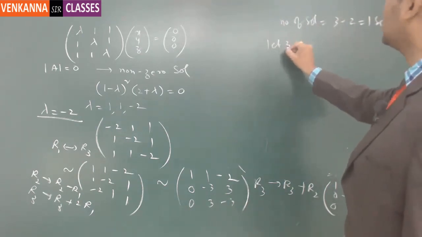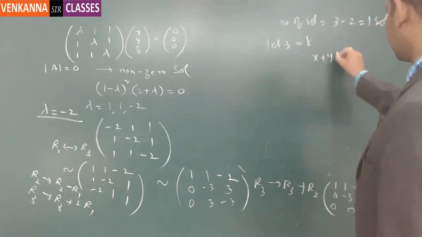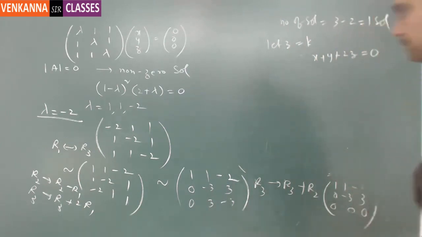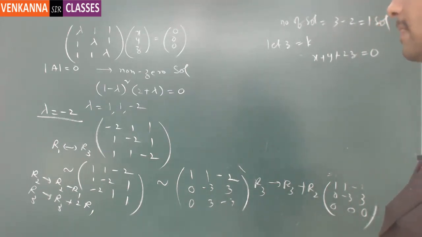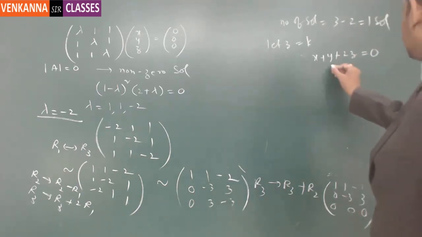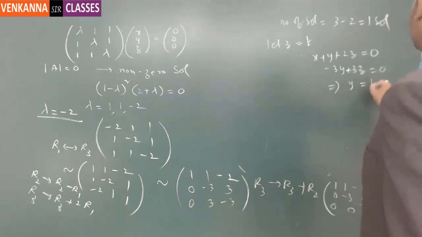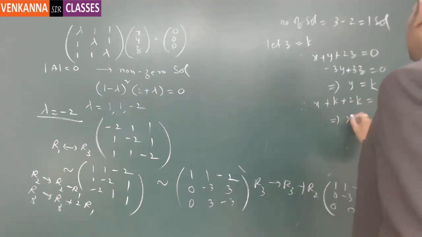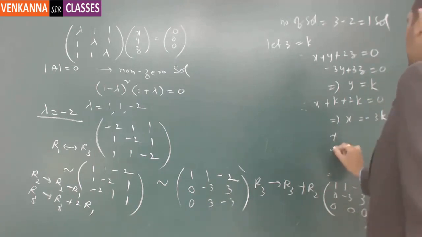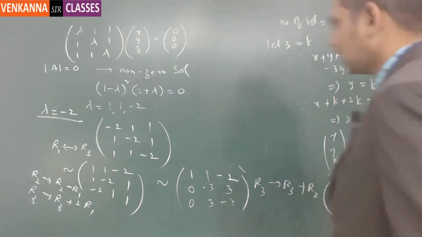Let z is equal to k, a constant. You have the respective equations x plus y minus 2z equal to 0, and minus 3y plus 3z equal to 0. From this, y is equal to k. Therefore x plus k minus 2k equal to 0 implies x is equal to 3k... so x, y, z is equal to minus 3k, k, k, which is nothing but k times minus 3, 1, 1.